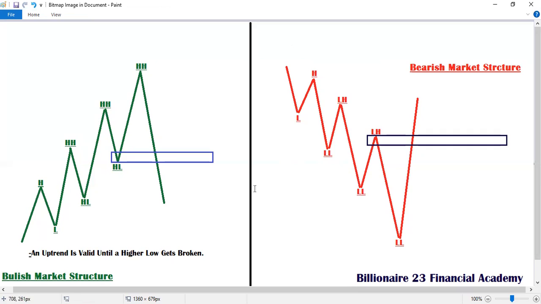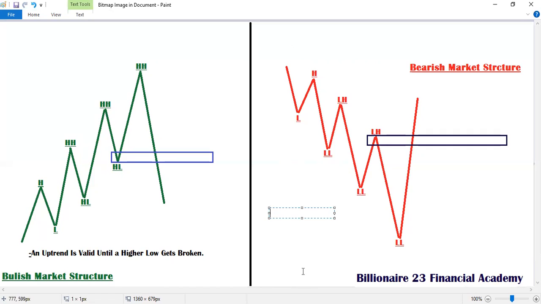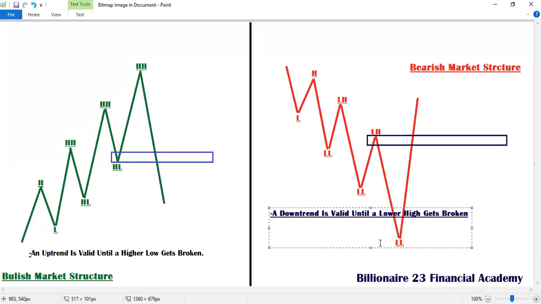Where should I type this? Can you type it here? Downtrend is valid until a lower high gets broken, just the opposite of the uptrend.